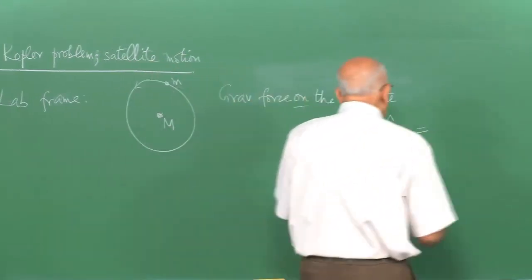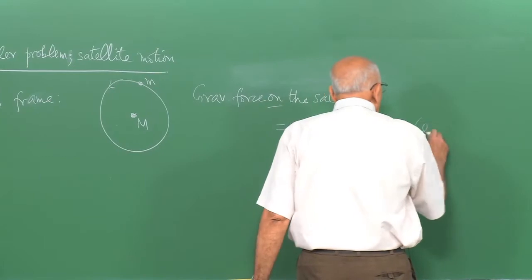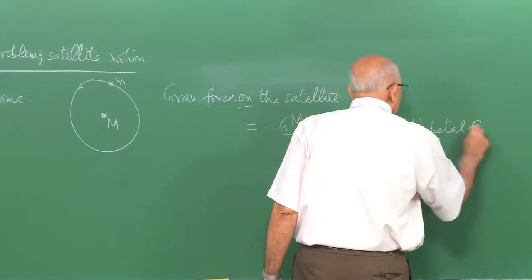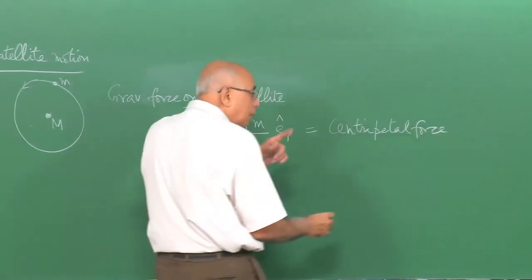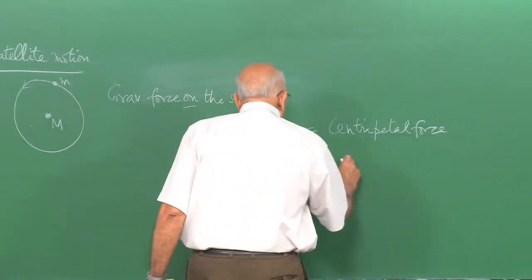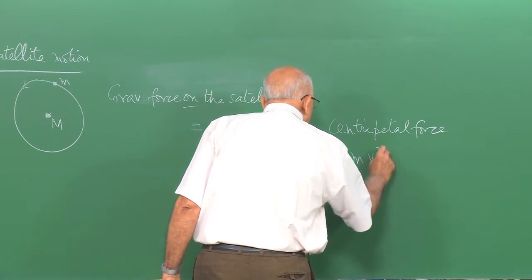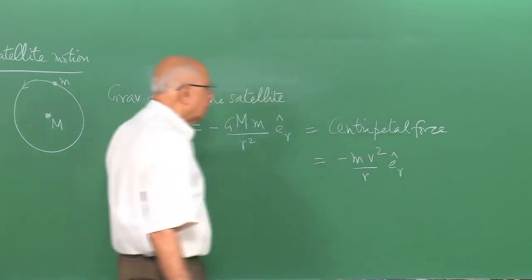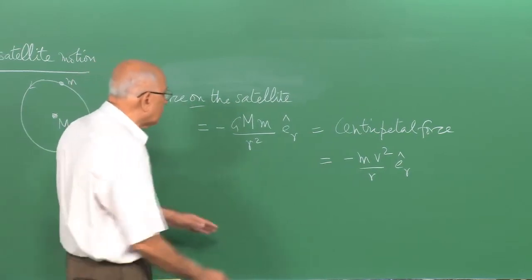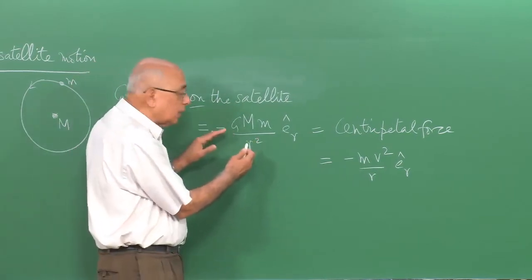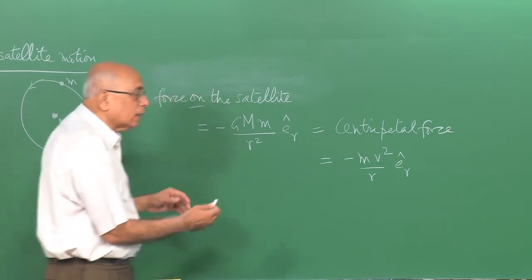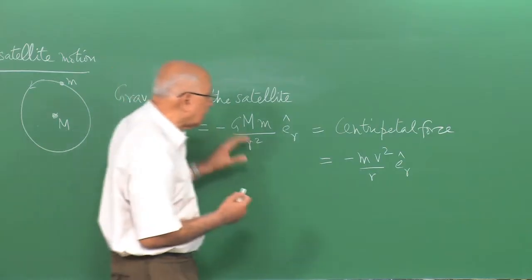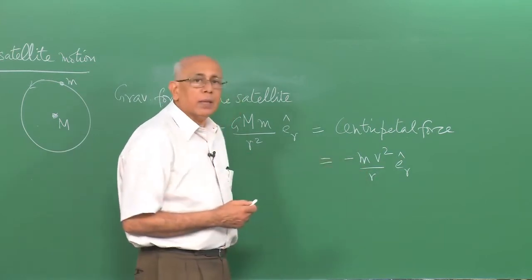This would be equal to the inward centripetal force, which from kinematics we know is equal to minus m v squared over r e sub r. That part is kinematics. So this part is dynamics, the thing that tells you that a mass exerts a force of gravity on all of the masses, and this portion comes from kinematics.